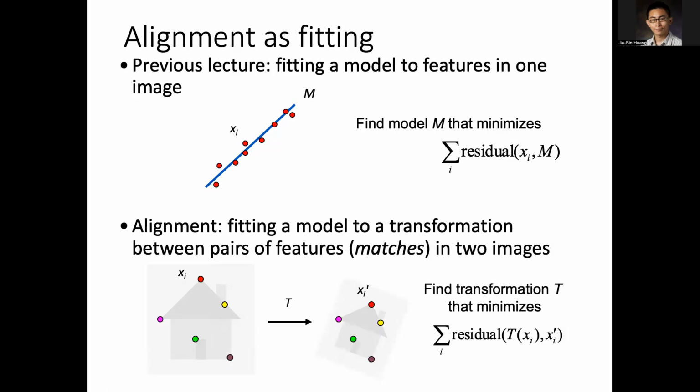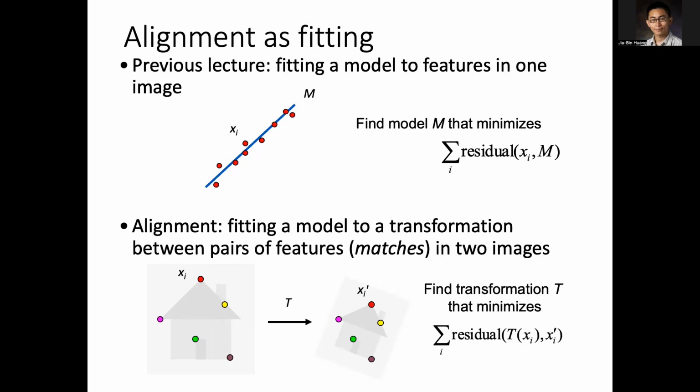The alignment says the following. If I have data points, maybe some feature points from image 1, and I also have image 2, but image 2 undergoes some kind of transformation, the goal is to find that transformation. So how do I align these two point sets?